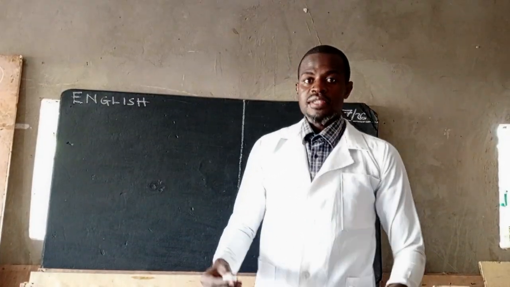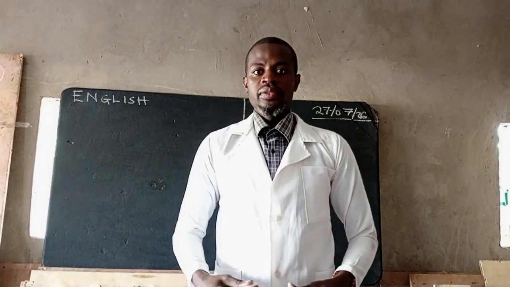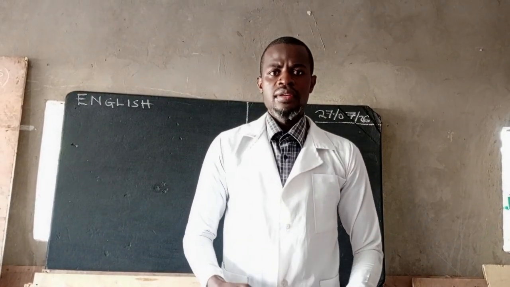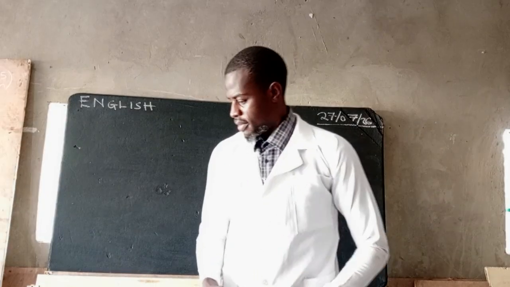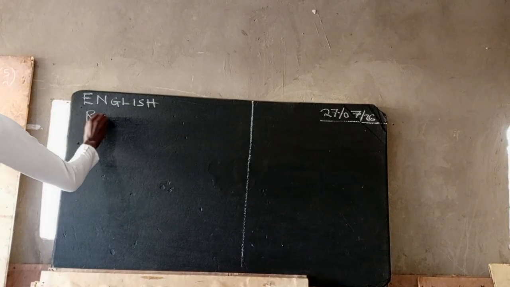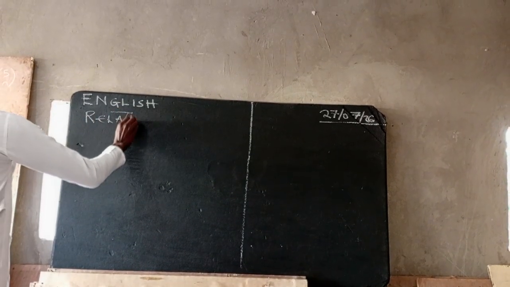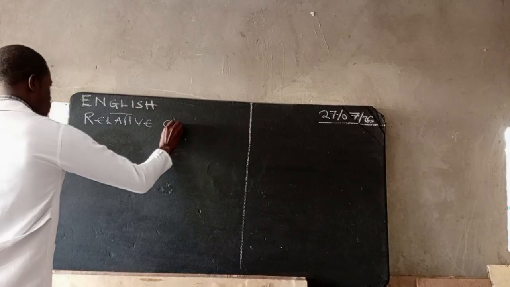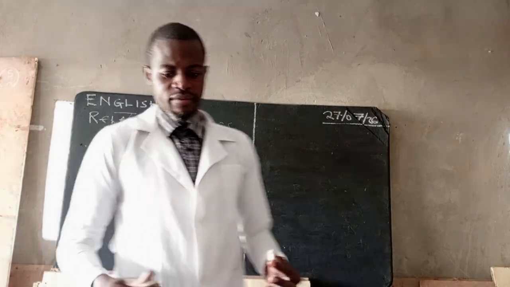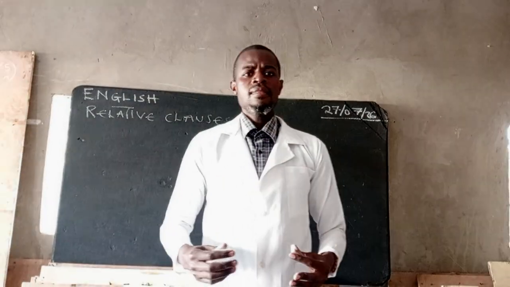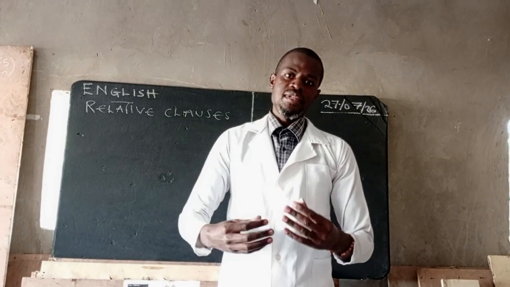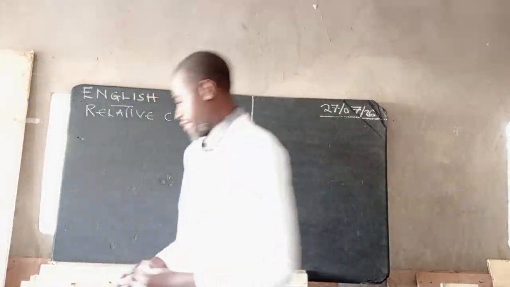Okay, so I'll just do a brief intro presentation on relative clauses and I'll give examples. Relative clauses. So what we have to know about this is that a clause is just a sentence having a subject and a verb in it.